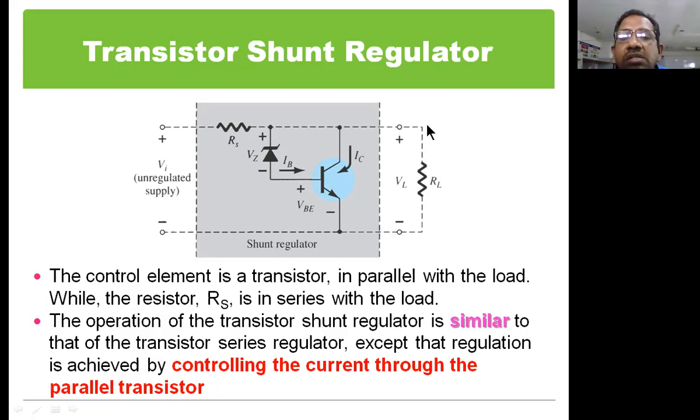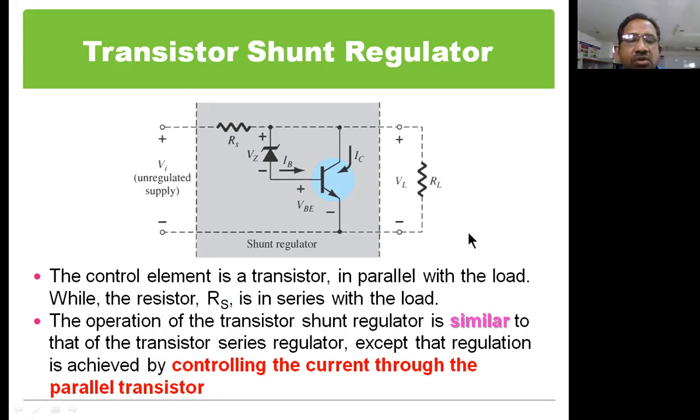If V naught is going to increase, what will happen? The IC is going to increase. That means it is going to draw more current. As it draws more current, more of the input current will flow through the control element, and thereby the output voltage is going to decrease.